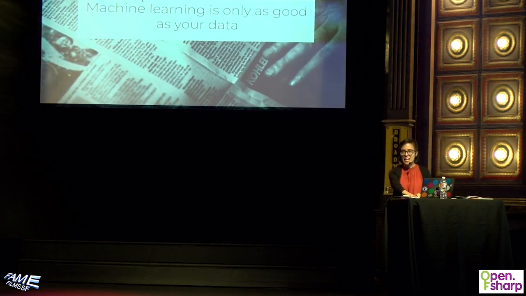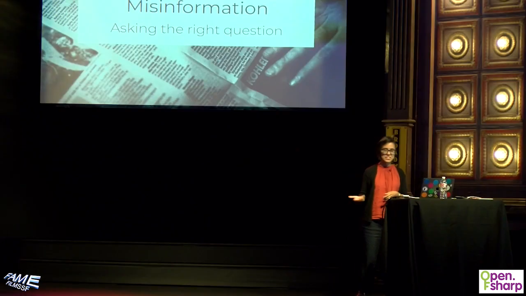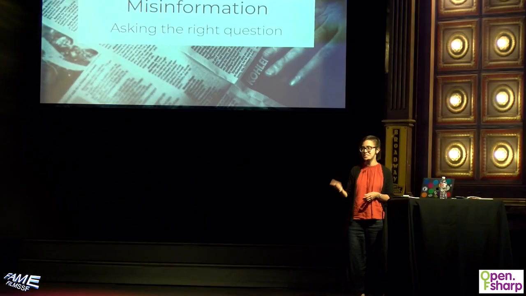So that's not actually helping, because it doesn't tell you why it is considered fake news, and it might just be an opinion piece that's very opinionated, but it's not actually falling into the fake news category. So, yeah, machine learning is only as good as your data. So the real problem is to ask the right question. And for this project, that's why we collaborate with actual social scientists.